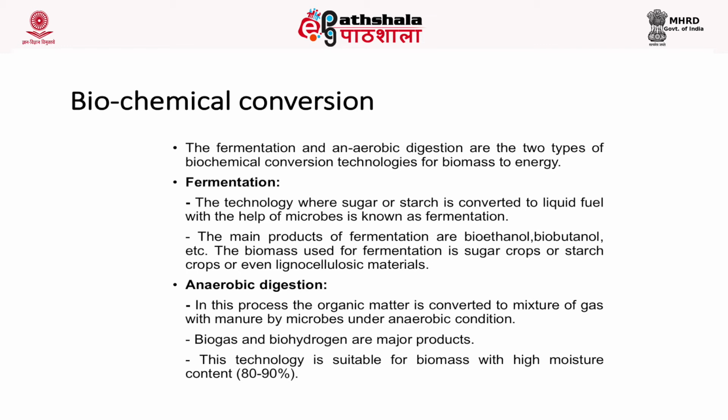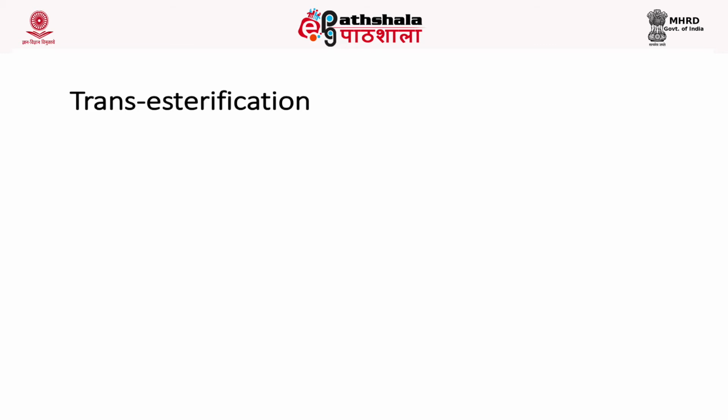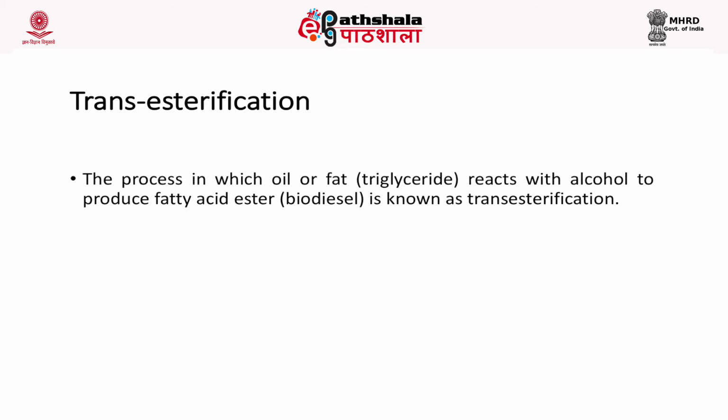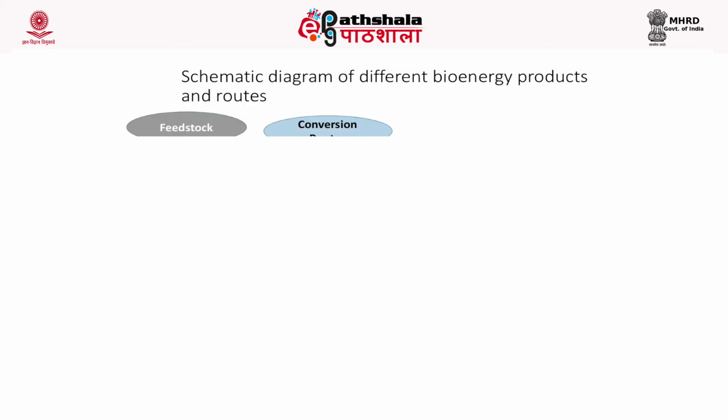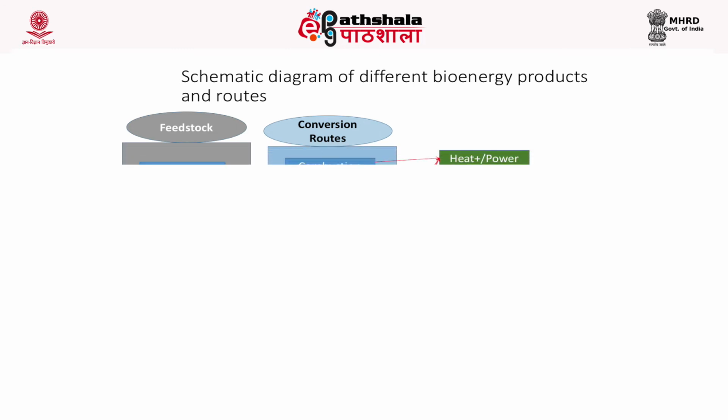This anaerobic digestion is suitable for biomass with high moisture content of around 80 to 90%. We can add transesterification to chemical technology, where the oil or fat, that is triglyceride, reacts with alcohol to produce fatty acid ester, that is alkyl ester of fatty acid, that is biodiesel. Here the main feedstocks are the oilseed crops.